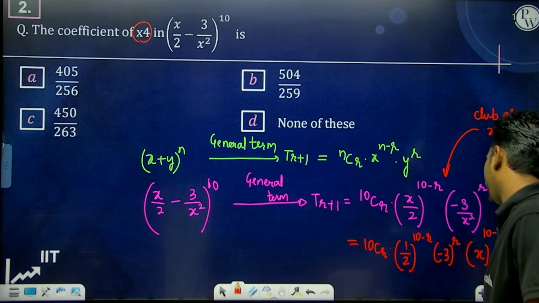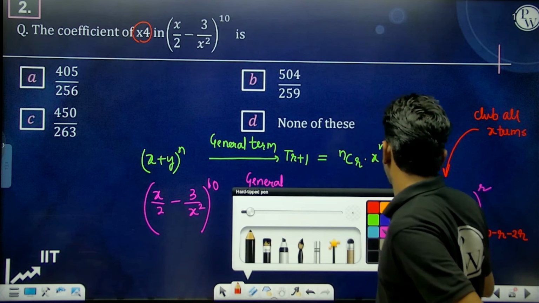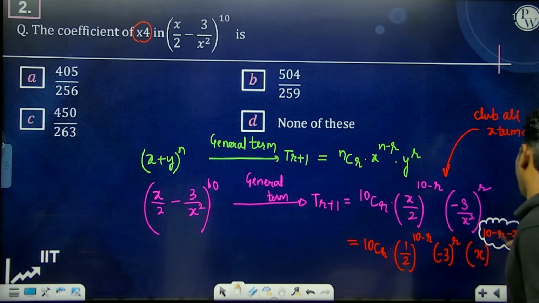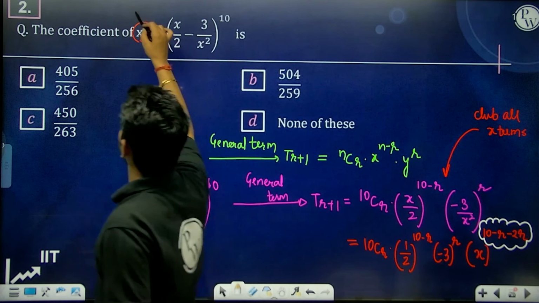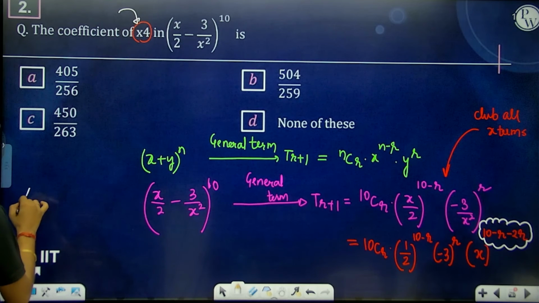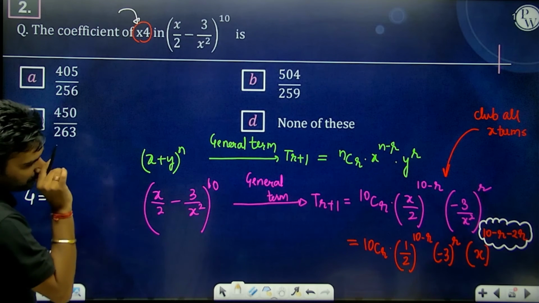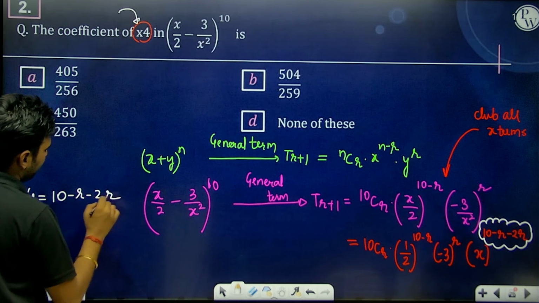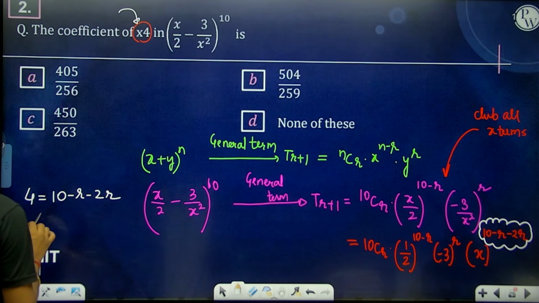Yes or no, everyone? Okay, so over here we can see that this is our power of x, and what we are looking for is x to the power 4. So ultimately we have to make this 4 equal to that power of x, that is, 10 minus r minus 2r equals 4, so r equals 2.